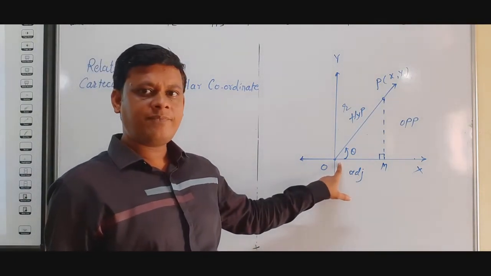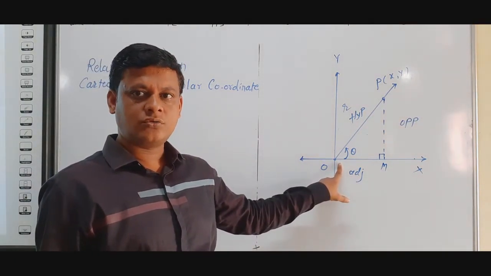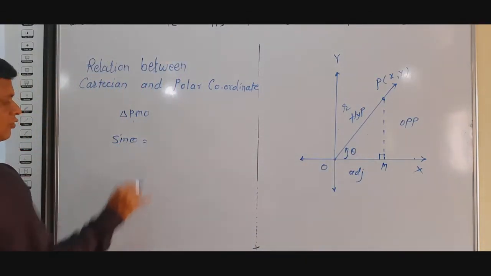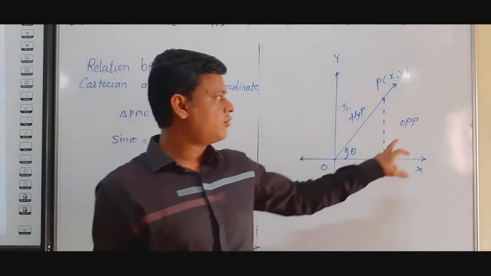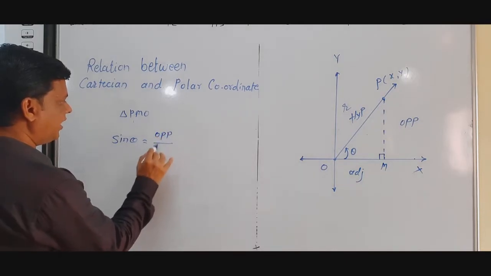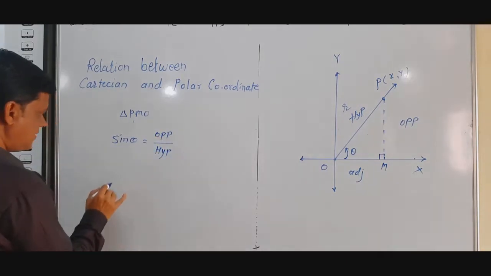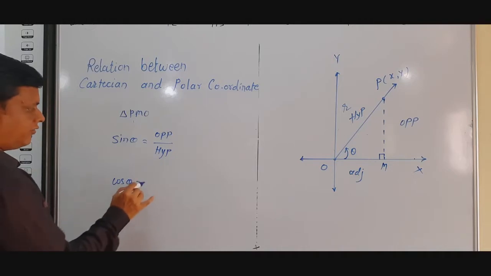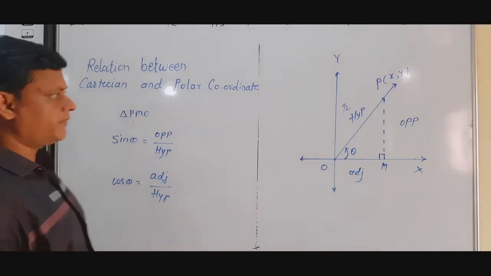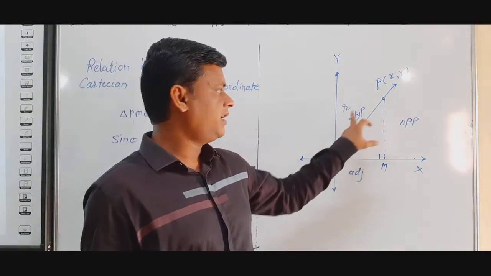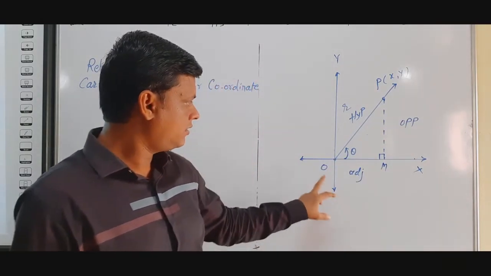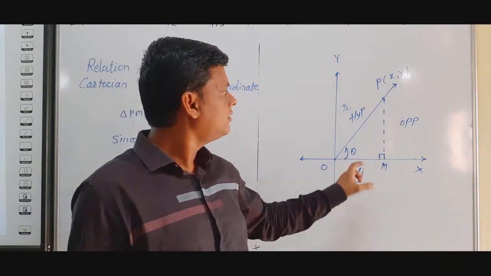Now we can apply the sine ratio and cos ratio. For sine theta, we know that sine theta equals opposite upon hypotenuse. For cos theta, we write adjacent upon hypotenuse. So from the diagram, OP is the hypotenuse, PM is the opposite side, OM is the adjacent.